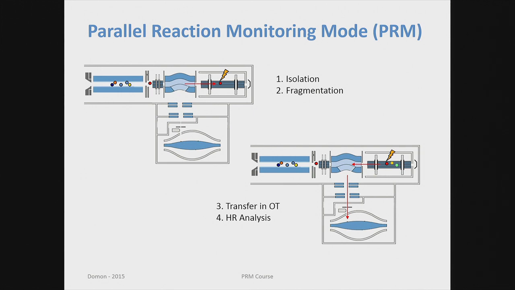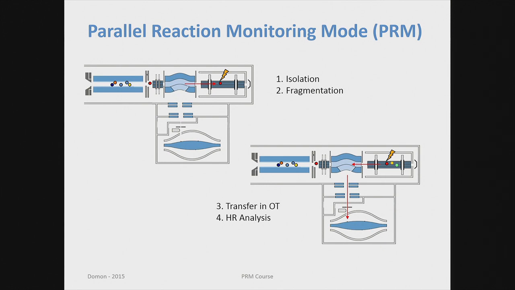So you really have two instruments, or two layers of the instrument, that can work in parallel, and you can max it out. It has some constraints on the duty cycle, but I'll discuss it later on. But in essence here, you have one step of isolation and fragmentation, and the second stage is measuring the fragment ions, and these two things can go in parallel. So this is an important point here.